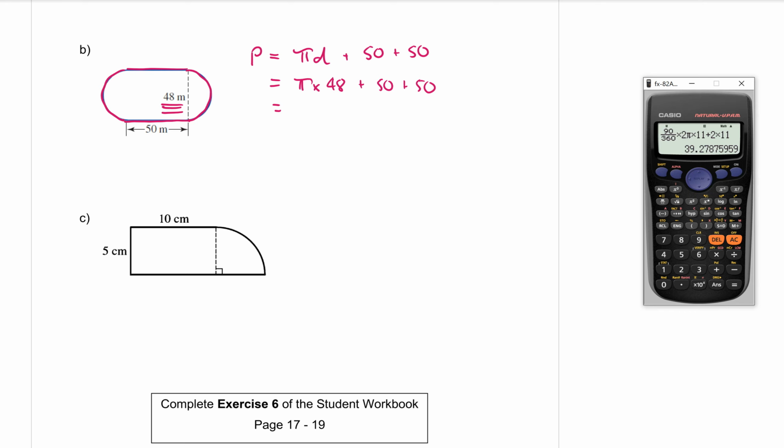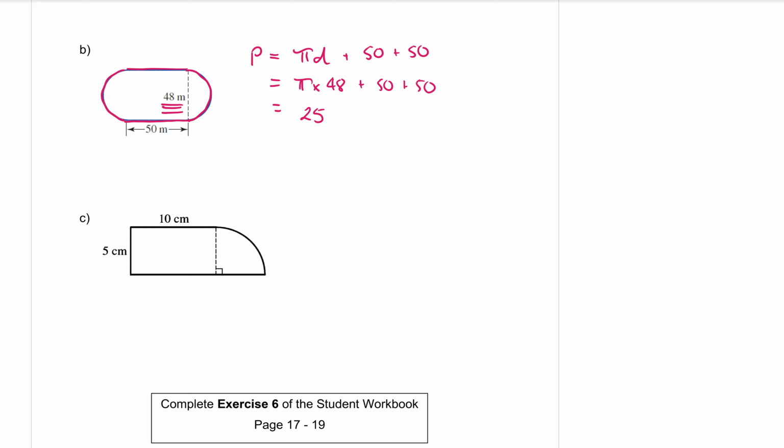Okay, then we type that in the calculator. So pi times 48 gives me the curved part, plus 50 plus 50. Now we're doing one decimal place, so that will be 250.8. And the units are meters.